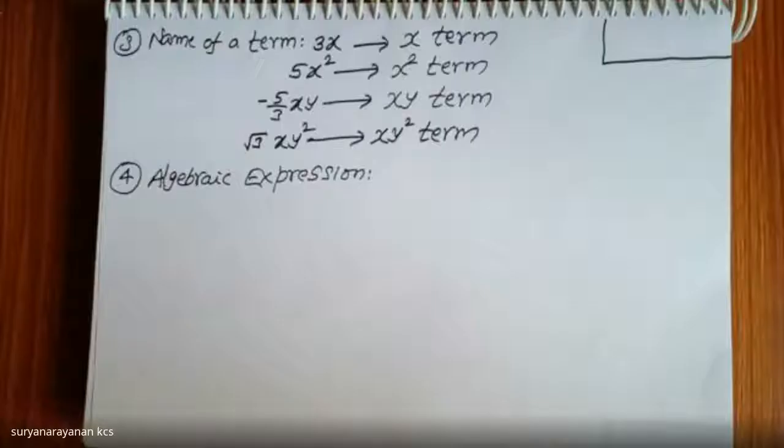Sir, it has both variables and constants. Any more definition? Sir, example 3x minus 2 or 3x minus 4y. Yes, like this. Algebraic expression.